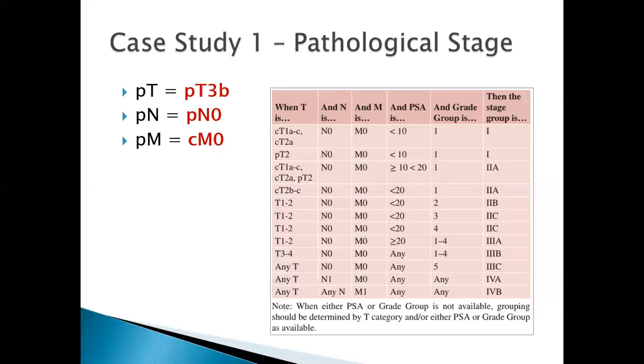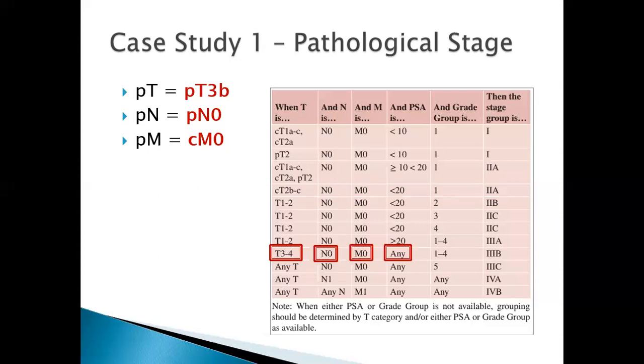So we go to our table, same table as the clinical. So we go to T3b. So when it says T1 through T2, that means all the subcategories of both. Same for T3 to T4. We have N0, M0, all right?